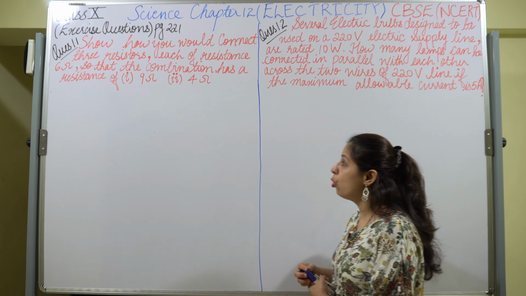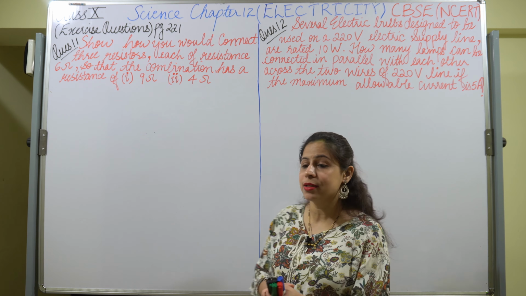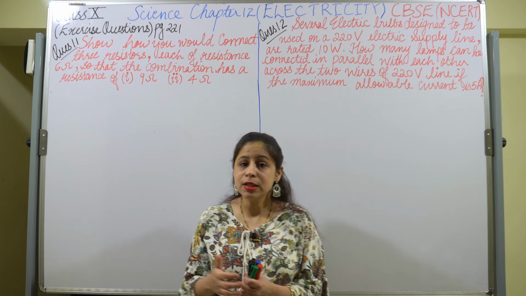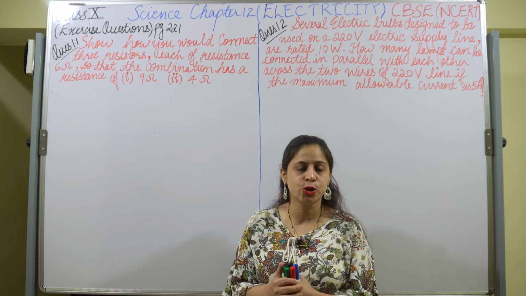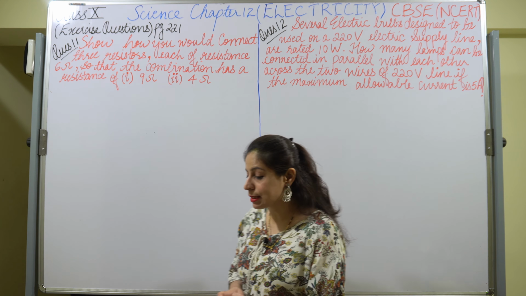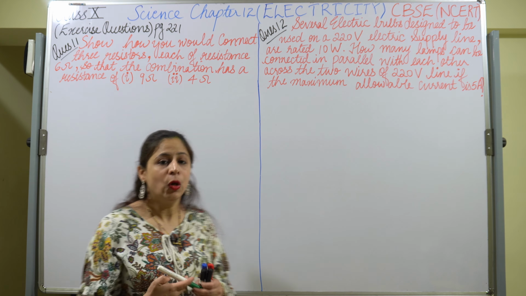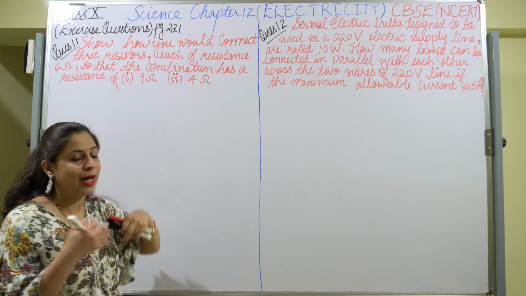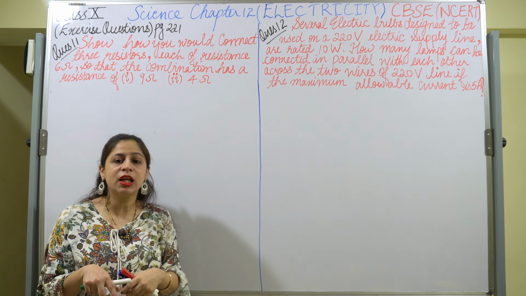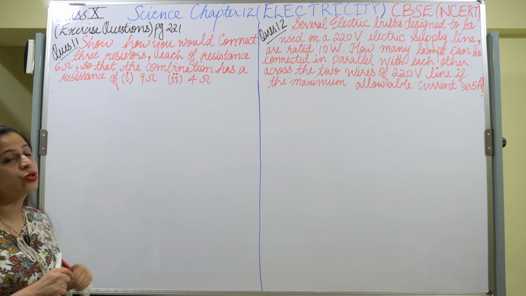So how would the three resistors of 6 ohm be connected so that we get a combination of 9 ohms? Let us draw and see whether the resistance combination that we have drawn gives us 9 ohms or not.